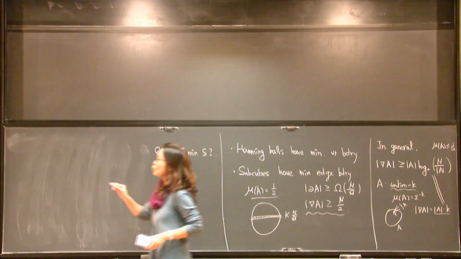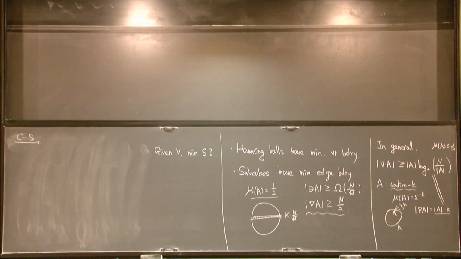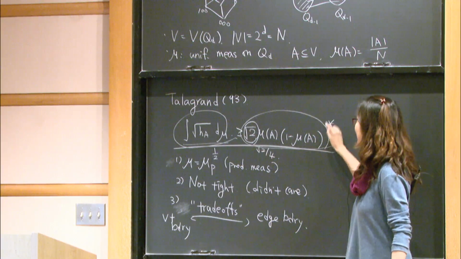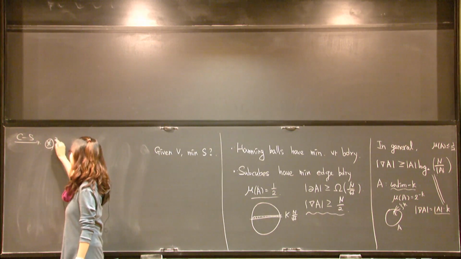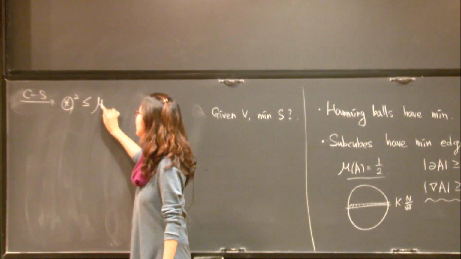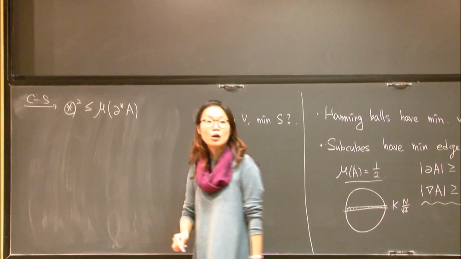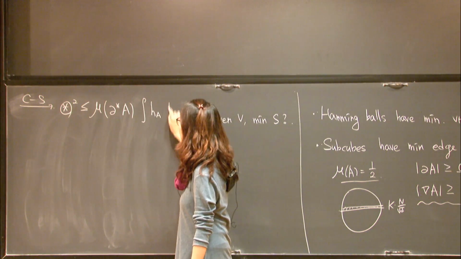So when we apply Cauchy-Schwarz in this expression, let me call the right-hand side star. And what we have is star squared is at most mu of some kind of vertex boundary of A times the integral of HA d mu.